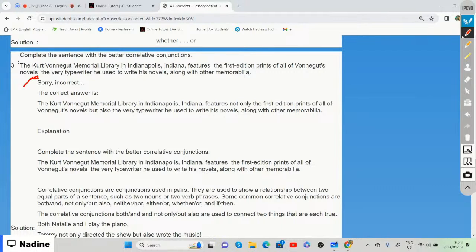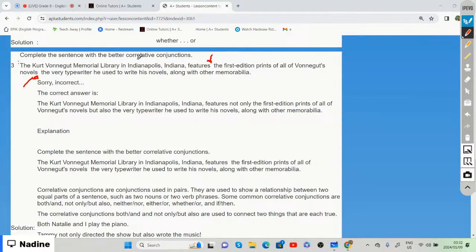So it says, the Kurt Vonnegut Memorial Library in Indianapolis, Indiana, features the first edition prints of all of the Vonnegut's novels. We also need to add one over here because there's something that needs to be added there.